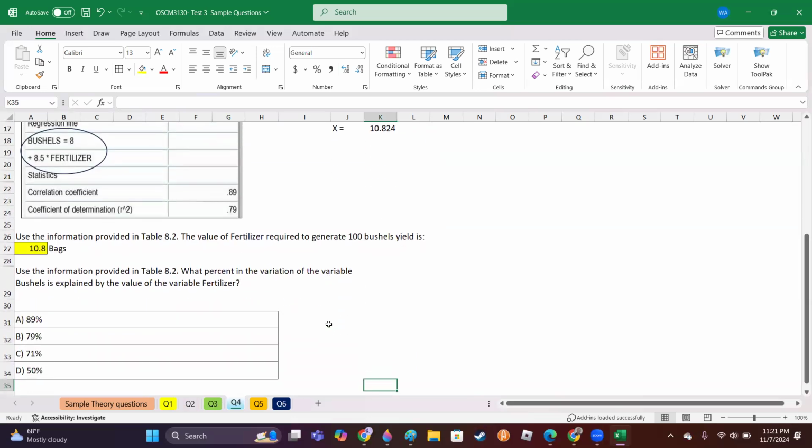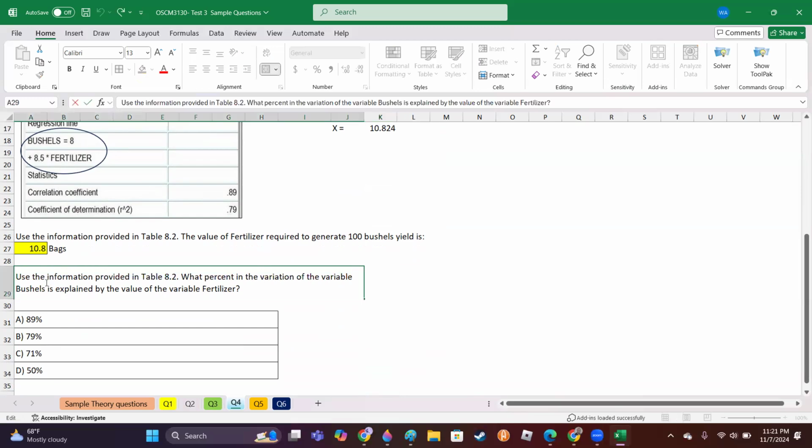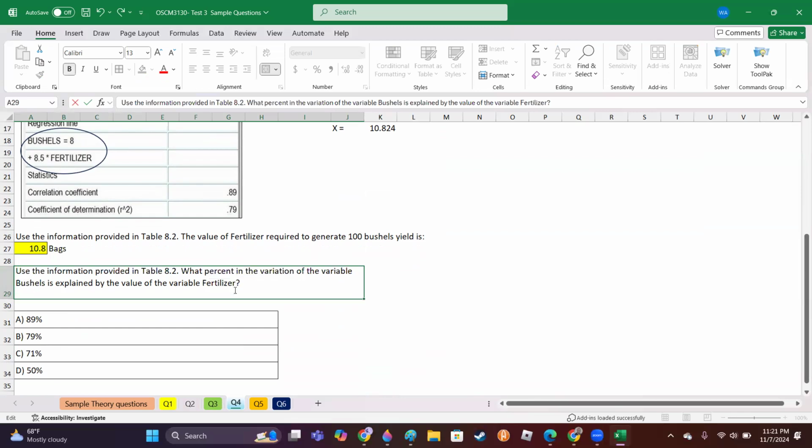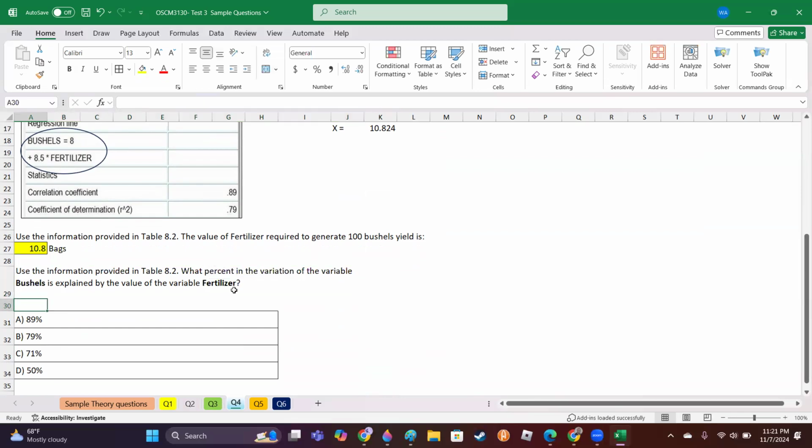What's the next question? Use the information provided in the table. What percentage in the variation of the variable bushels is explained by the value of the variable fertilizer? Okay, so we have these two here, bushels and fertilizer. And we're trying to assess whether or not there's a relationship between these two, and if there does exist a relationship, how can we use our understanding of that relationship to determine causation, or how much of the variation that we see in yield is explained by how much fertilizer is used.